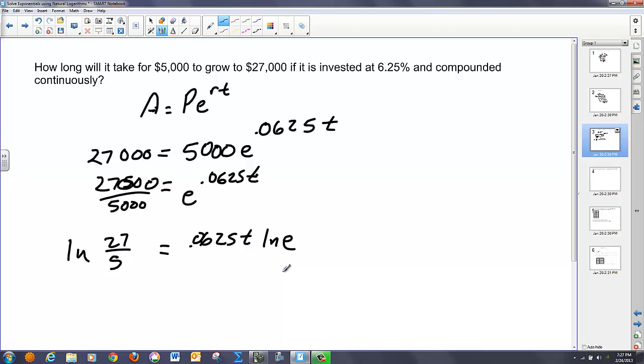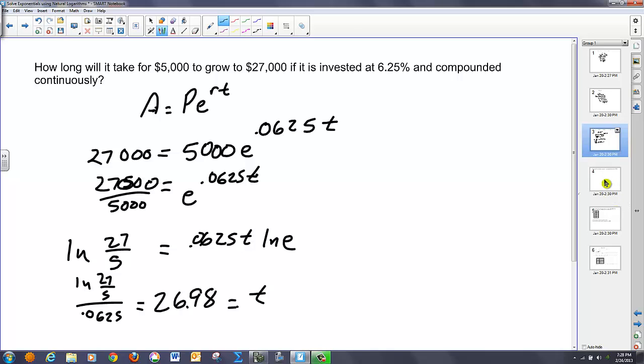And now this turns into a calculator problem where we're just going to take the natural log of 27 over 5 and divide that by 0.0625, which is going to equal roughly 26.98, which is our time value.